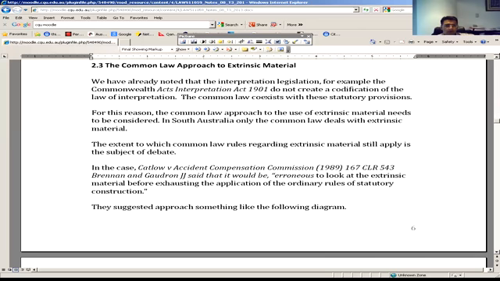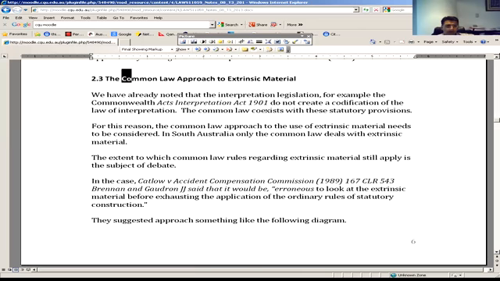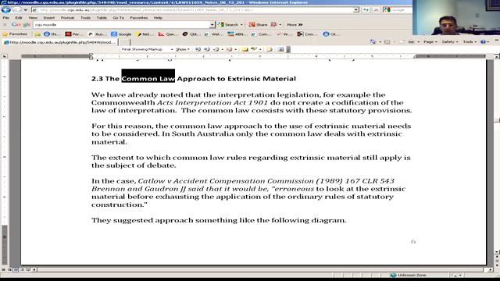So what's this common law approach? When we talk about common law, sometimes common law can have different meanings. Common law can be the law of England as opposed to the law of the continent, the law of France or Germany, which we call sometimes civil law. Common law can be the law made by judges as opposed to statutory law or legislative enactments made by Parliament.